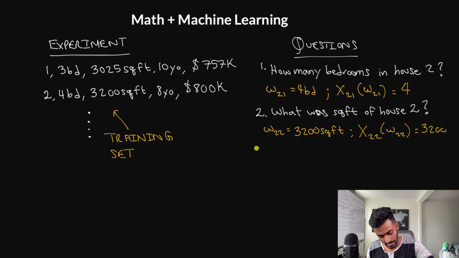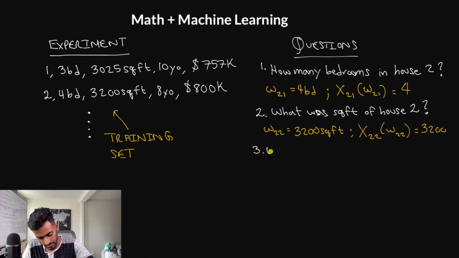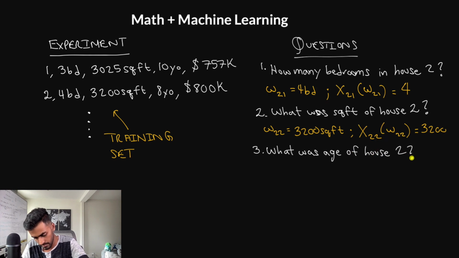Now, let's create a third random variable over here. And we're going to ask another question: so what was the age of house number 2? And here, we are going to call this omega 23.